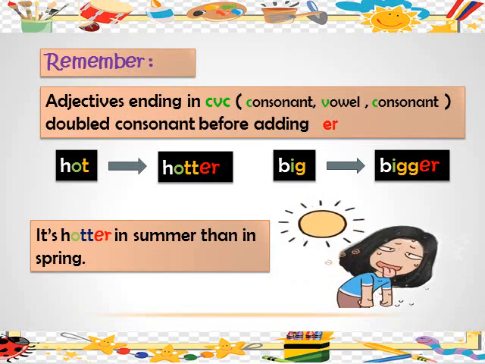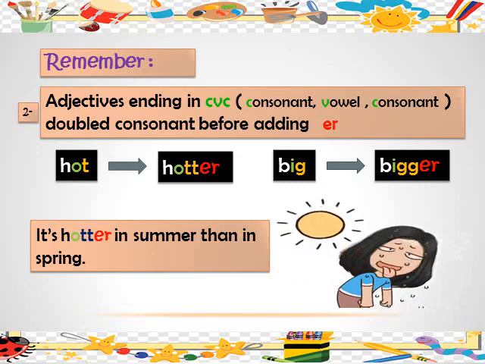Hot is an adjective. It starts with H. H is a consonant. O is a vowel. T is another consonant. Now, how to change it? You have to double the letter T, which comes after the letter O, the vowel. We have to double it before we add the er.